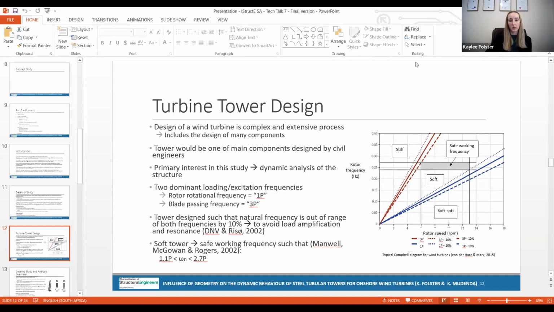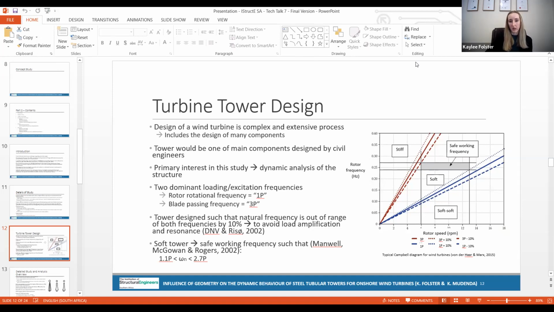However, that results in a tower which is classified as soft. So it tends to be a little bit flimsy, and you might not necessarily meet your static requirements for the tower in that case. The second way you could design your tower is such that its natural frequency would be greater than 3P. That would be your red line on the graph. You'd want to design it to have a greater natural frequency and to fall in that upper range.